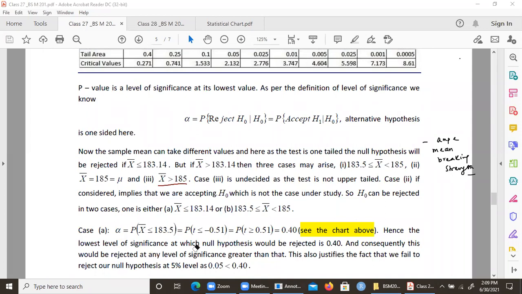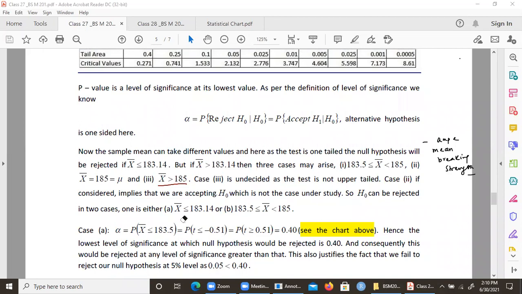Somehow, while calculating, my mind was playing, 183.5 was in my mind, and I kept on typing 183.5. Before posting it in Google Classroom, I'll make it 183.14, but it will not hamper my calculation, because the value that has been calculated over here, that is minus 0.51, exactly tallies with the value that I have obtained earlier.